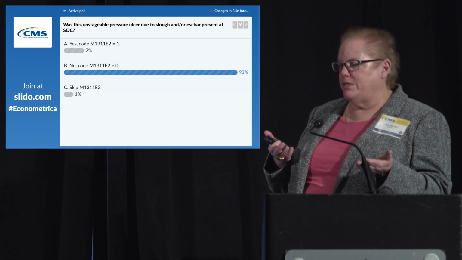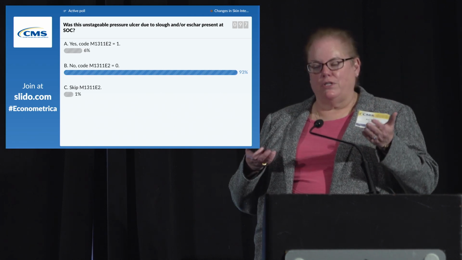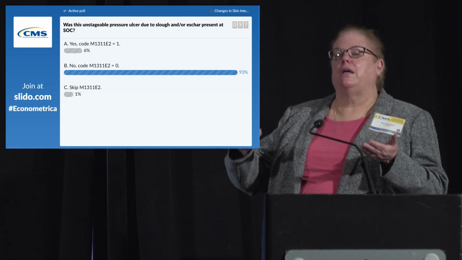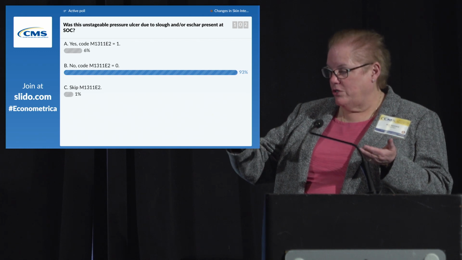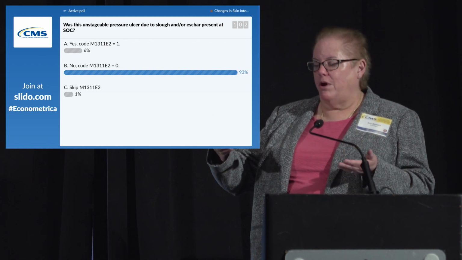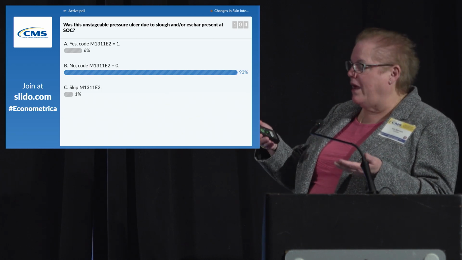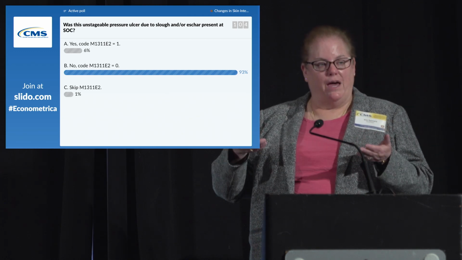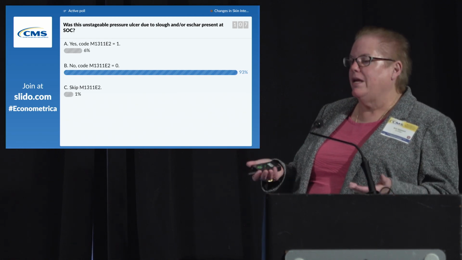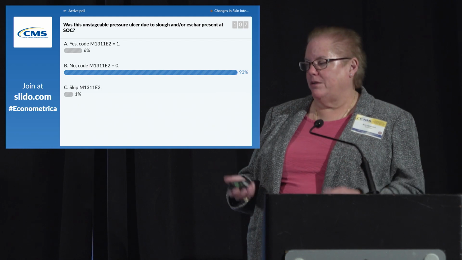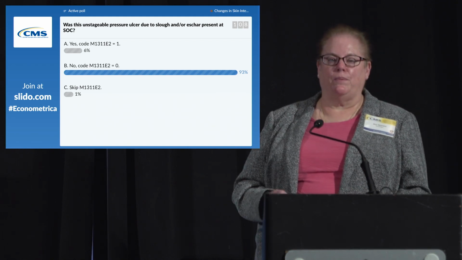Day 4, you were able to stage it as a stage 3, so that's the first numerical stage. So that now continues for the rest of your assessment. At discharge, if that had been coded as a 3, then it would have been considered present upon admission. But now, since we don't have it as that, we have this new thing with slough and eschar. We have the same wound, but now it's slough and eschar. That's considered not present upon admission. I hate to pound this, but this is a point that people are getting stuck on.